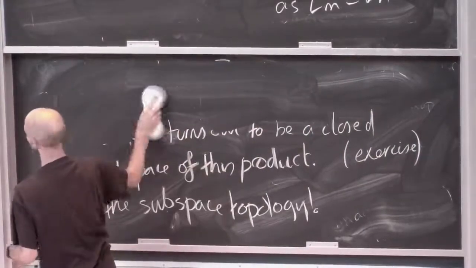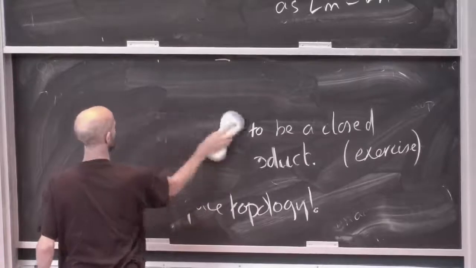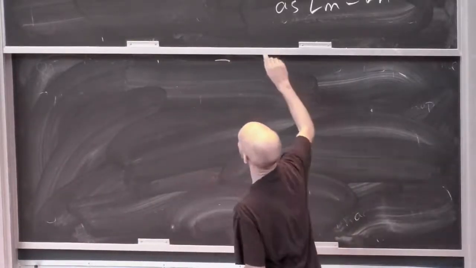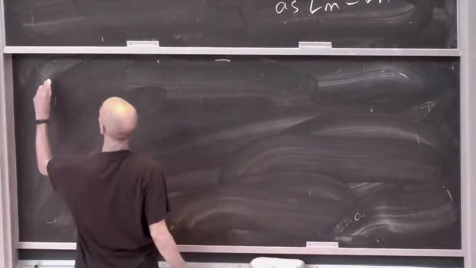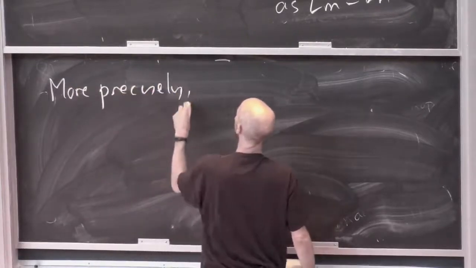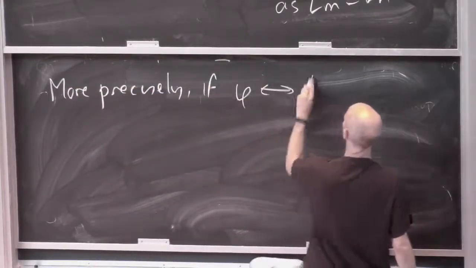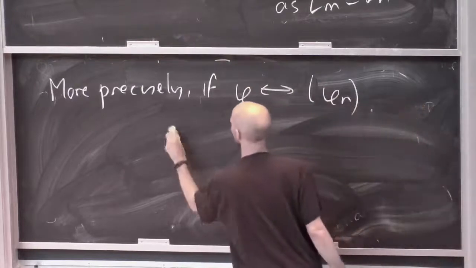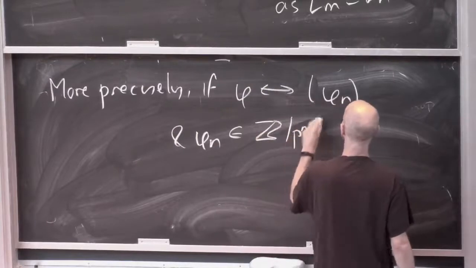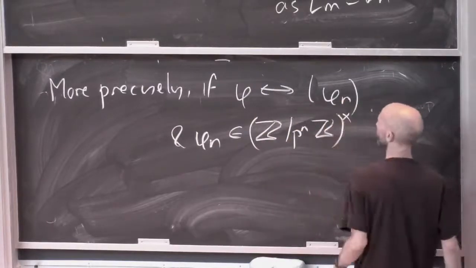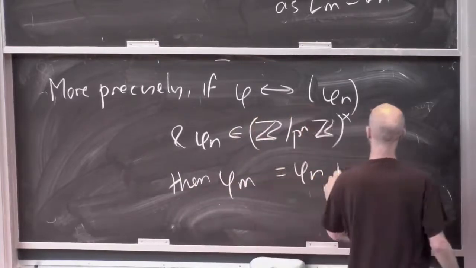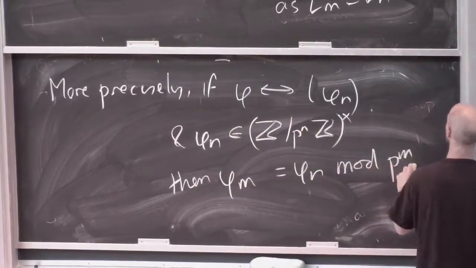If I think of phi n as an element of (Z mod p to the n Z) star, more precisely, if phi corresponds to this phi n there, and phi n is in (Z modulo p to the n Z) star, then phi m is just phi n modulo p to the m.